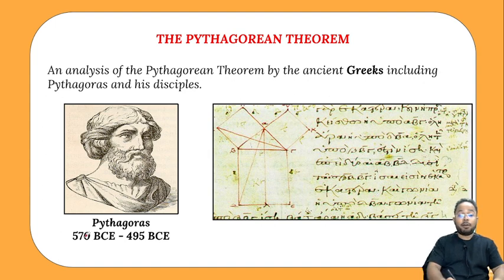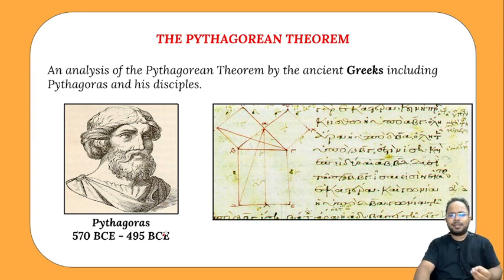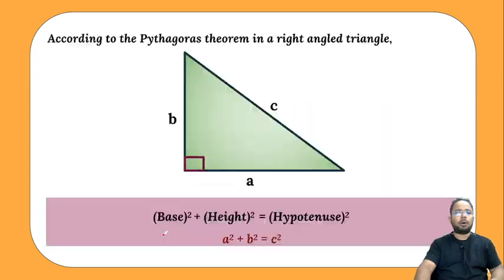In the era of 570 BC to 495 BC, in that time he discovered it, and we are still using it. So you can think of the brilliance. His mind was so sharp.